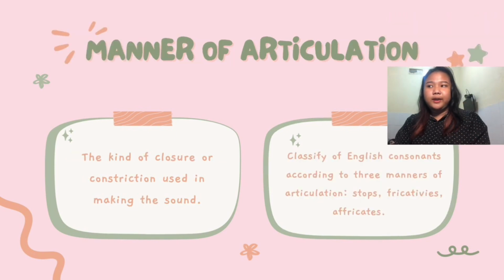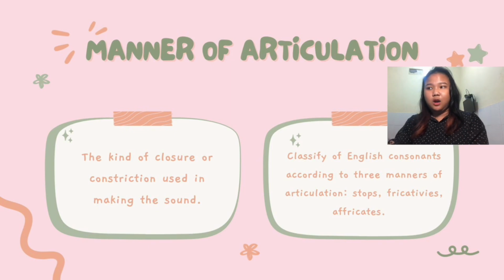And the third characteristic is manner of articulation, and it means the kind of closure or constriction used in making the sound. So we classify English consonants according to 3 manners of articulation.